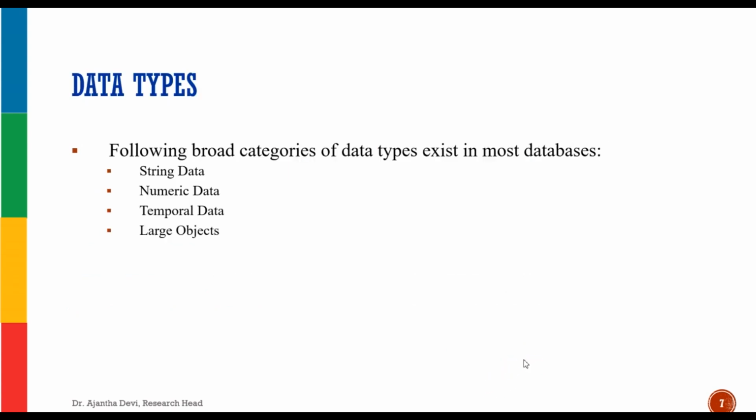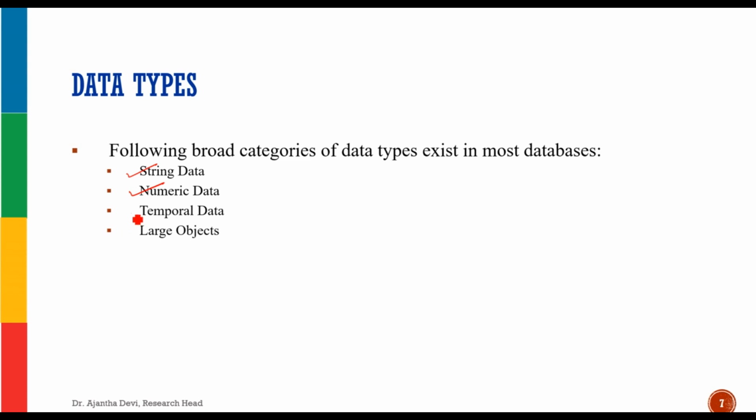Before we create effective tables, we must understand data types. These define what kind of data a column can store. Most databases categorize data types into string data types, used for text like names, addresses or email. Next, numeric data is used for numbers, integers, decimals, like amounts or prices.